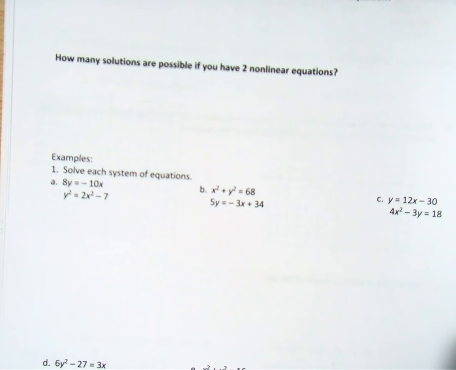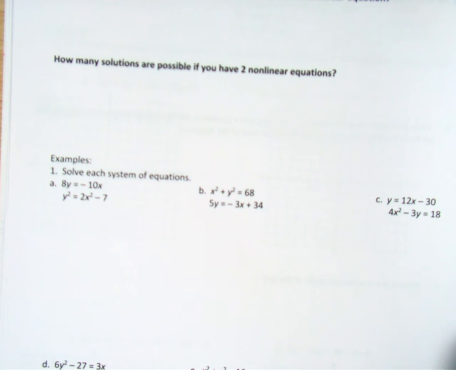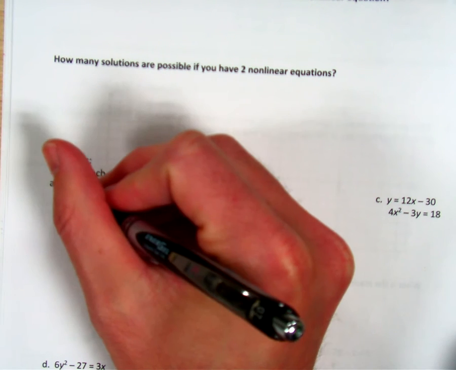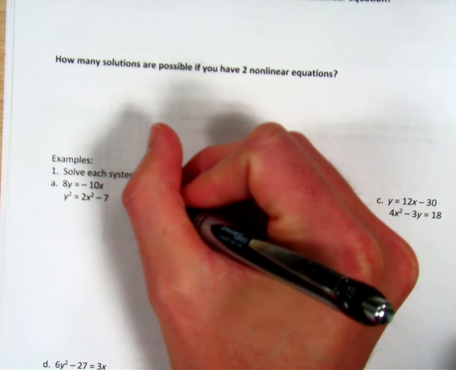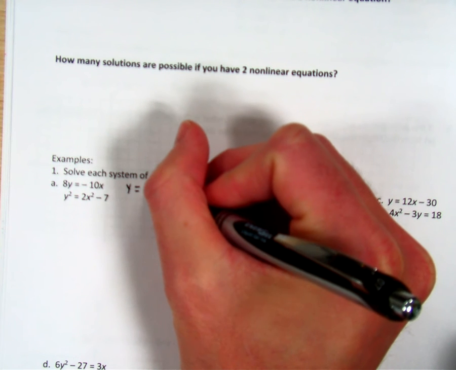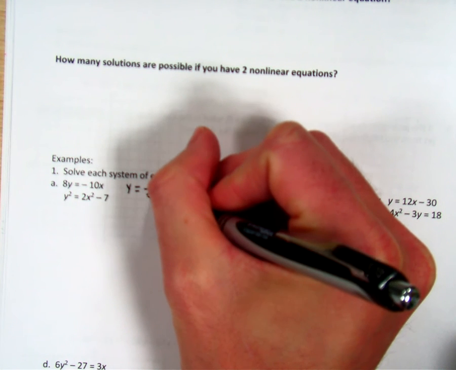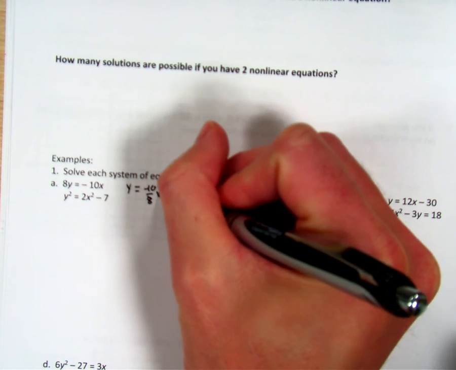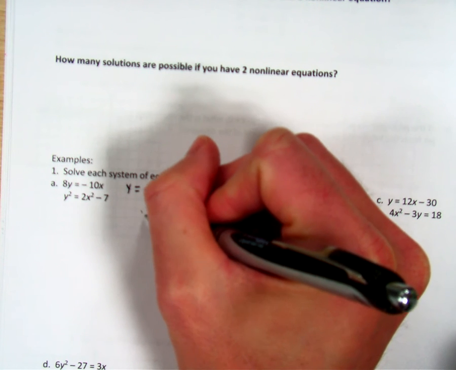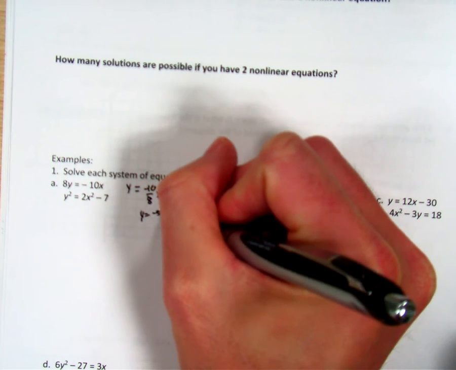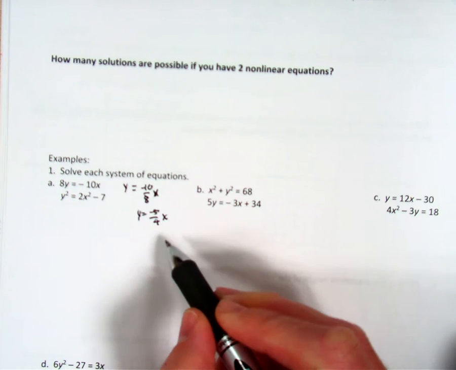Okay, so A is pretty much set up perfectly for some substitution. We're going to change this one. We're going to divide both sides by 8. That would be y equals negative 10/8 x, which will reduce to negative 5/4 x.